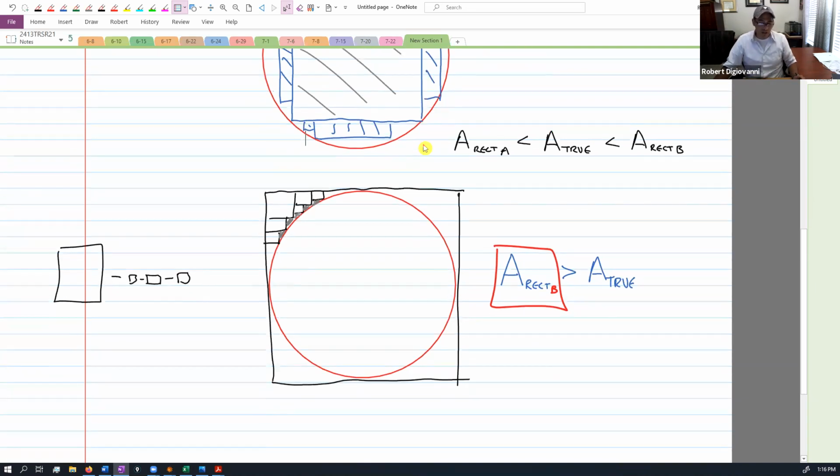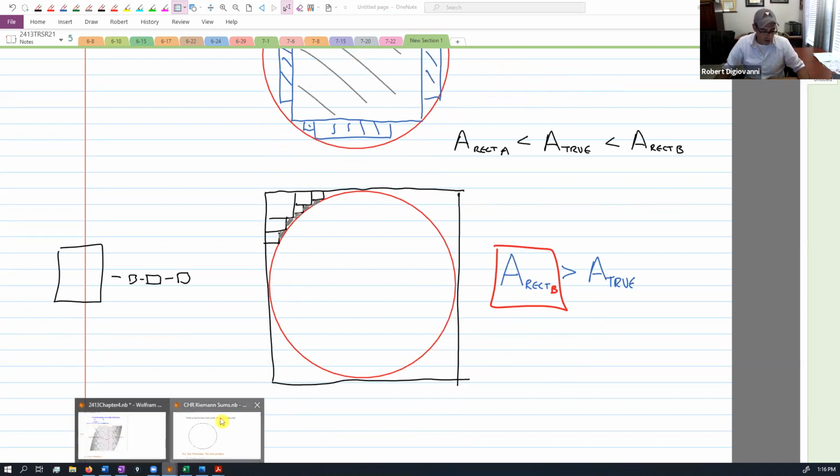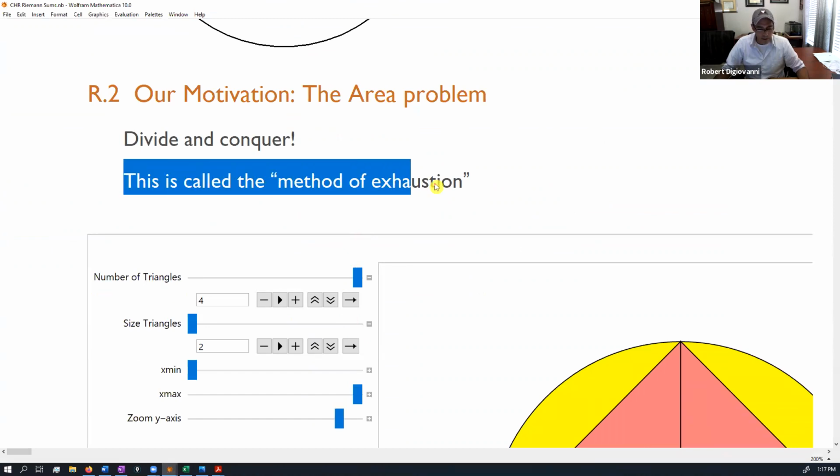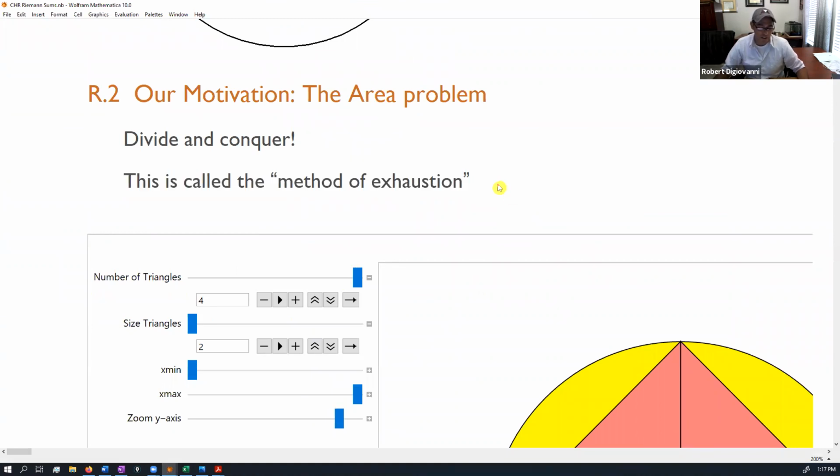Well, this method actually has a name. Okay, you'll get a kick out of the name. It's called the method of exhaustion. Because you basically are going to exhaust yourself doing it. All right, you're doing all these rectangles in there, and the more you do, the more accurate you get.